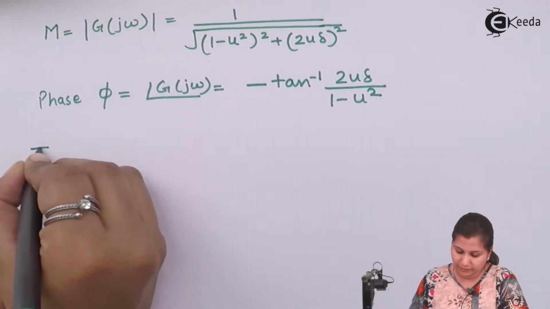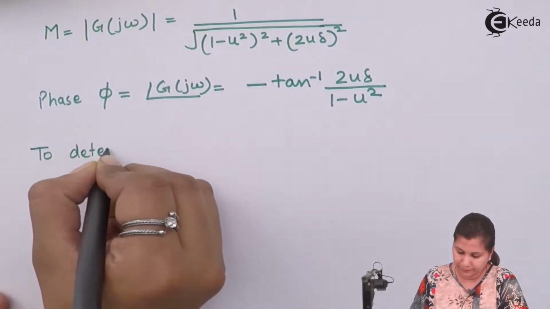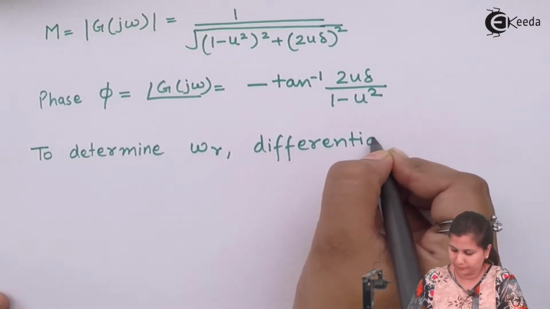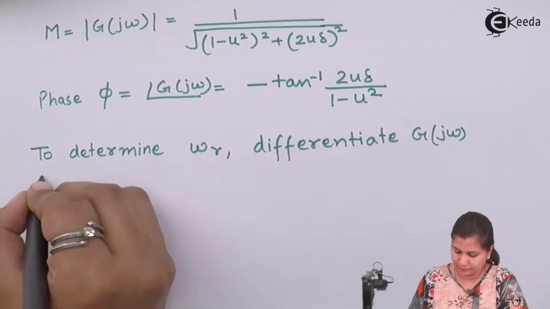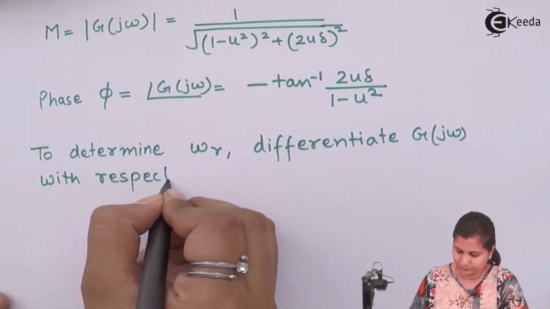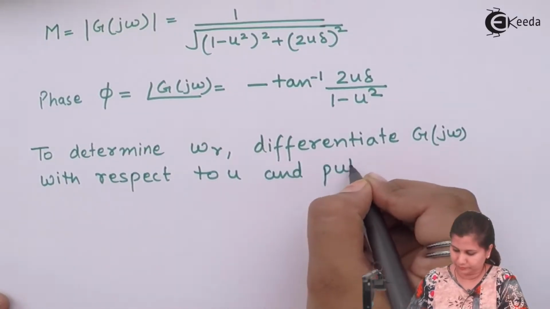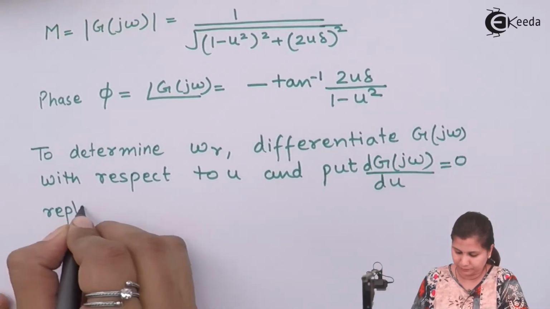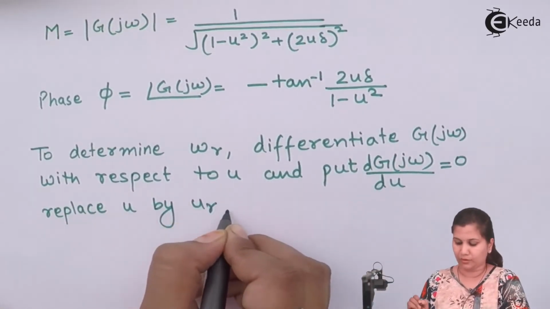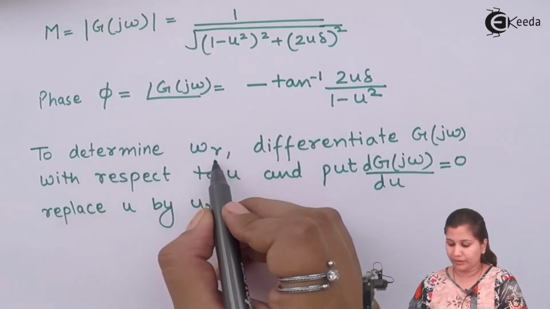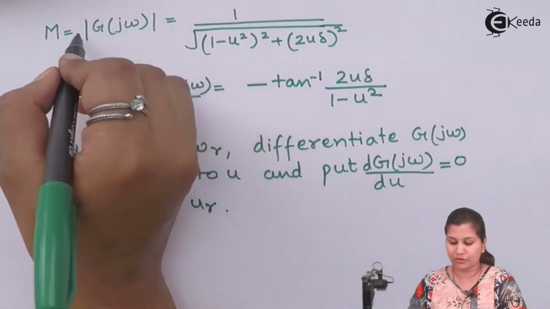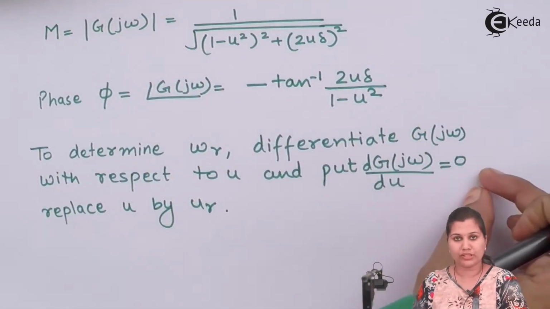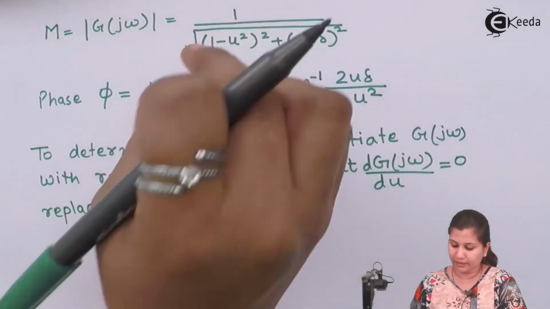To determine omega r, the resonant frequency, we have to differentiate this G(j omega) with respect to u, and then we have to equate it to 0 and replace this u by ur.